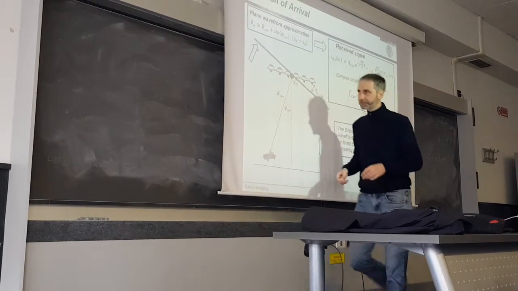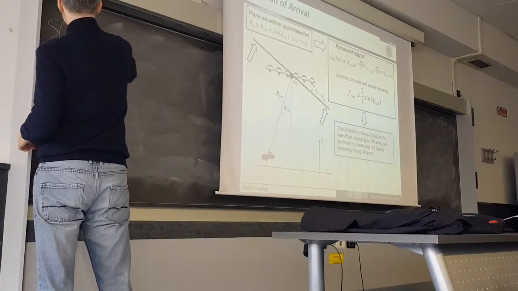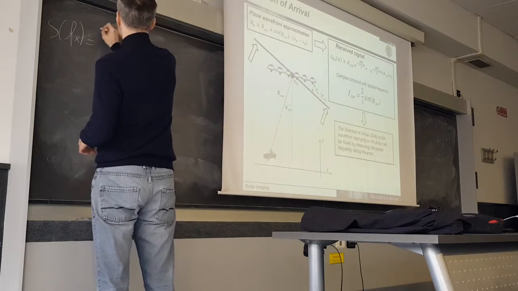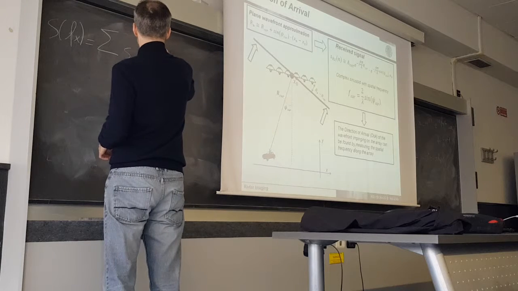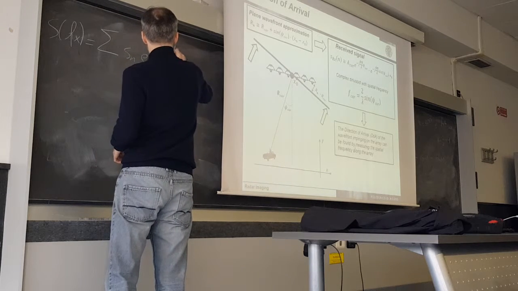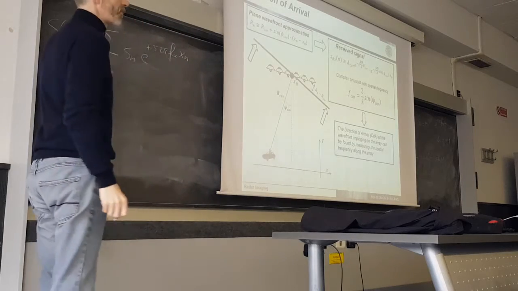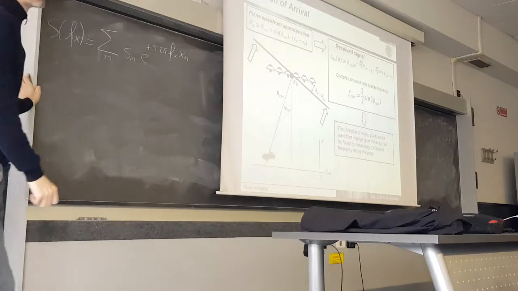Then you form this new signal S of fx, as the Fourier transform of your signal. This is the sum over n.